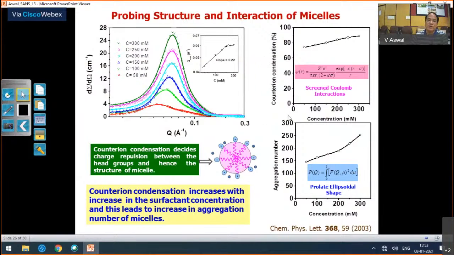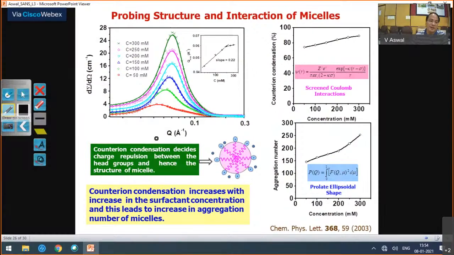This slide shows analysis of data from a charged micellar system. In this case, what is important is not only to know the structure of these micelles, but also the interaction between these micelles, in terms of how much condensation of these counterions there is, because this condensation will modify the interactions between these head groups, which are also charged.